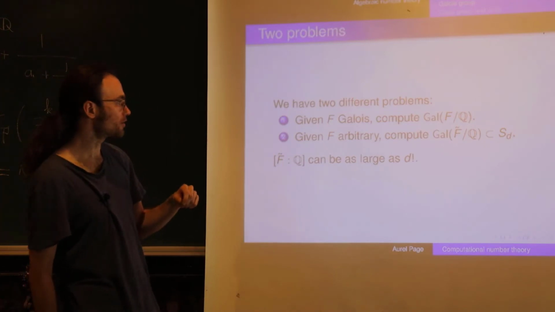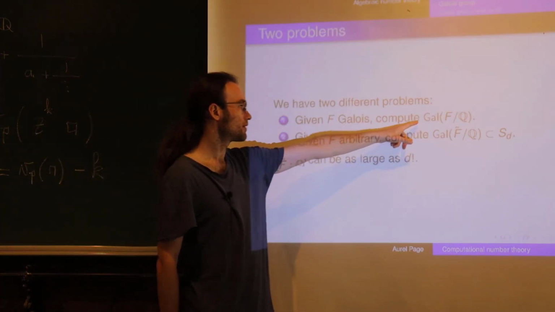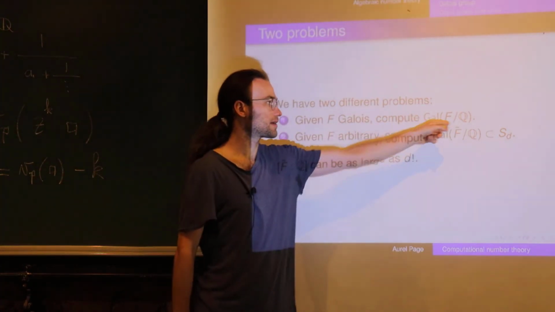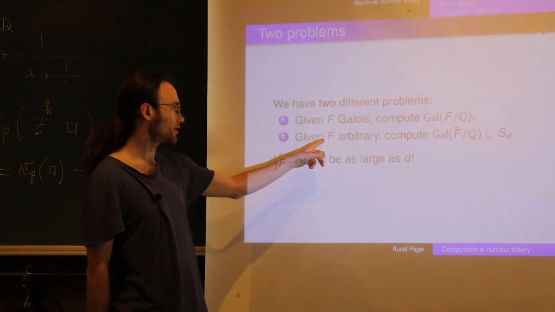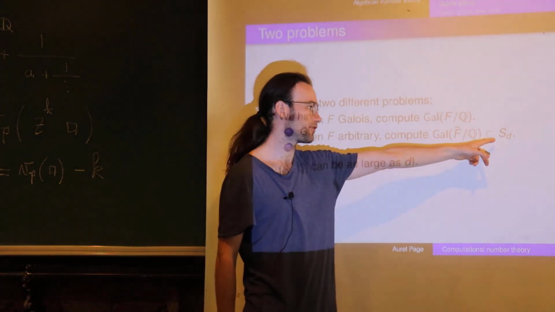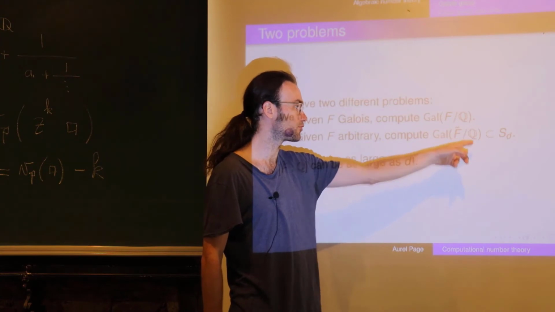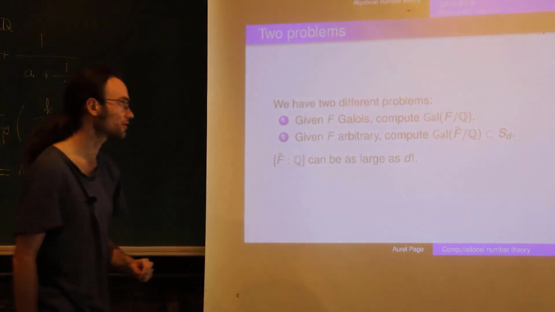In particular, just in terms of the size of the group that you want to output, here, because f was Galois of degree d, this group has size at most d. Whereas here, if f has degree d, this group can be a lot of different subgroups of the symmetric group, so it can have size up to d factorial. So these are very different problems.